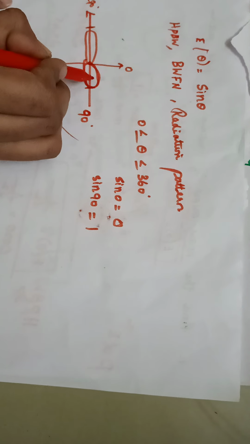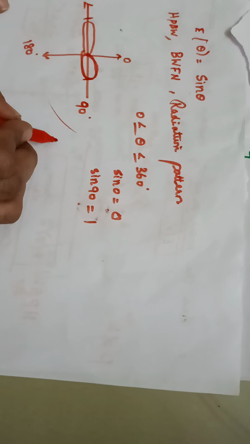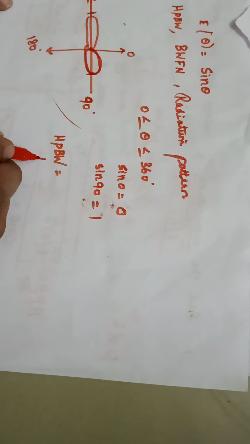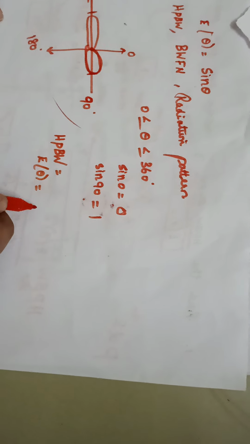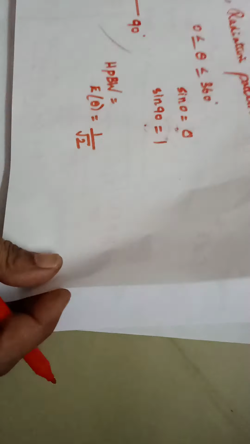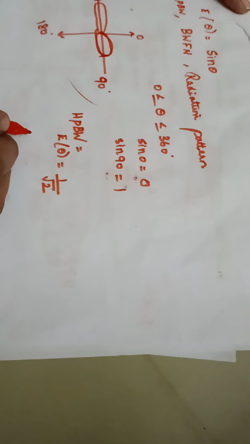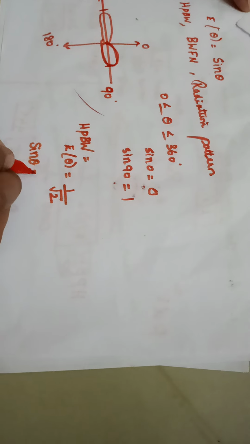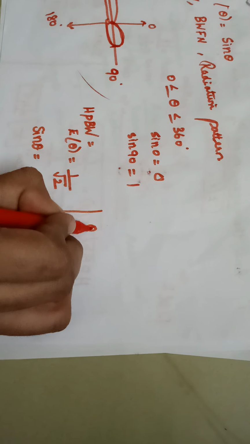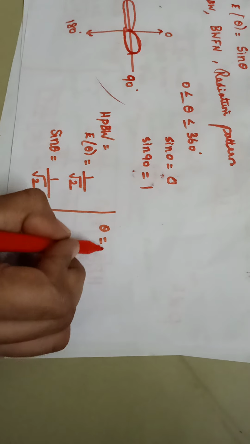Now let us find the half power beam width. What is the formula for half power beam width? Half power beam width means the field component is equal to 1 by root 2. So what is the field component here? Sin theta. Sin theta equal to 1 by root 2. So theta equals sin inverse of 1 by root 2.